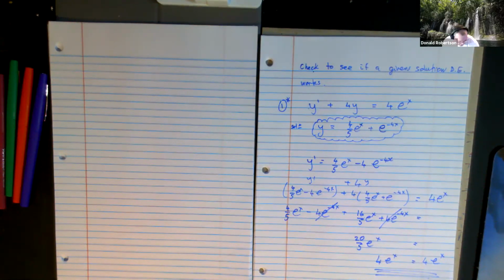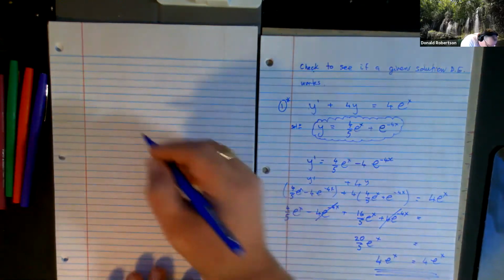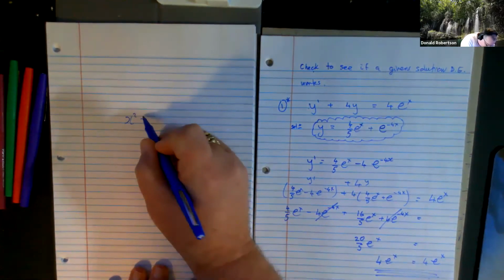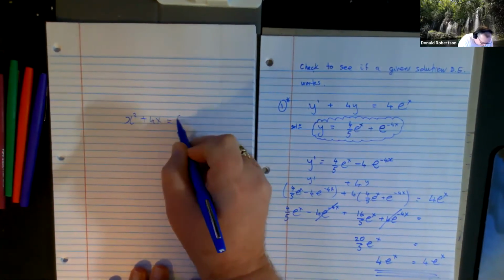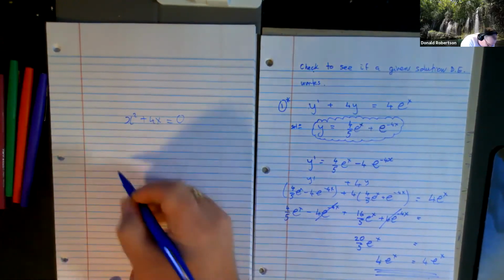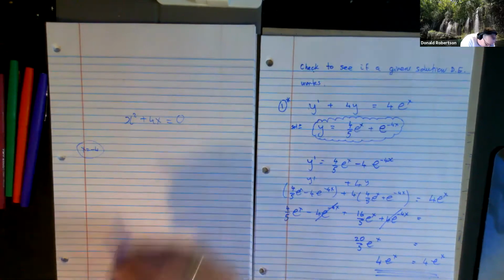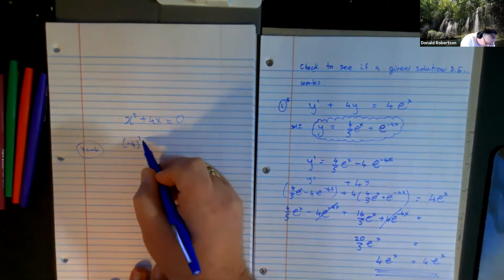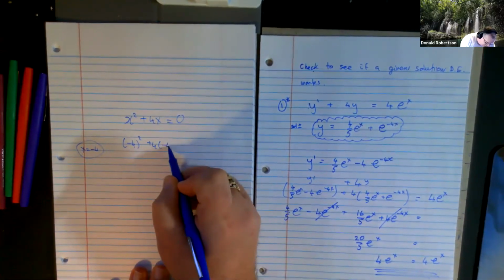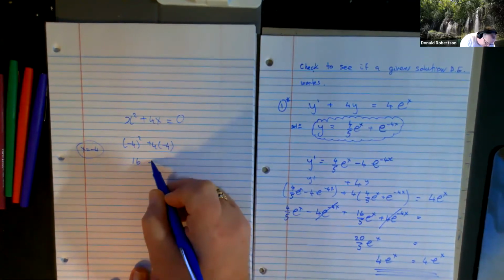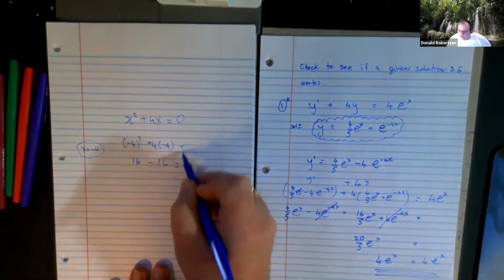What's the analogy of that? Can you imagine someone gave you a quadratic equation and says, check that x equals negative 4 works. Don't you just plug in negative 4? It works, right?